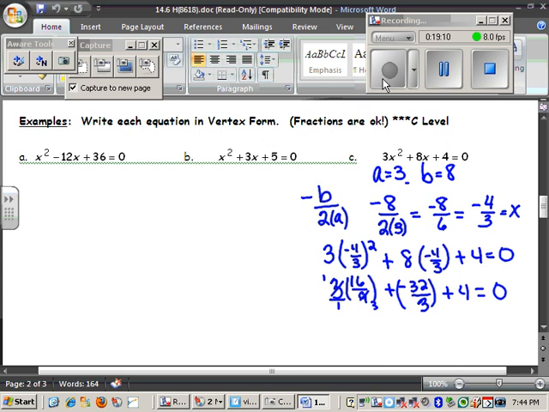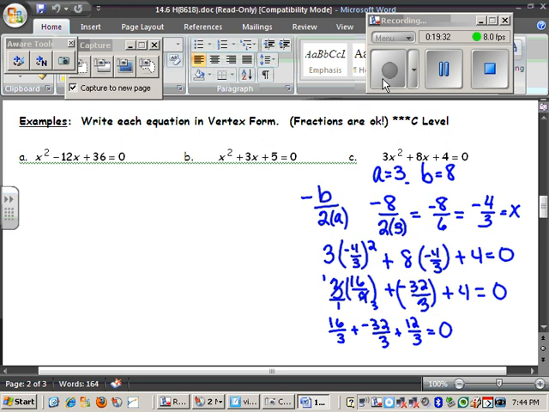So if I rewrite this equation, I'm going to have 16 over 3 plus negative 32 over 3. And I'm going to convert my 4 to have a denominator of 3. So to do that, I need to multiply 4 times 3, and I will get 12 over 3. And that just is going to equal 0.